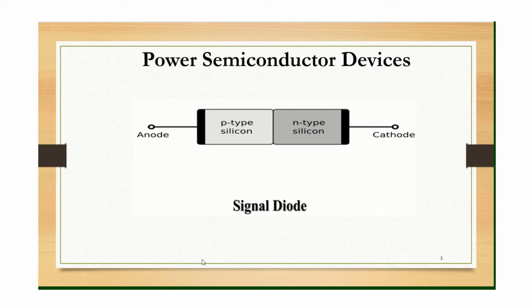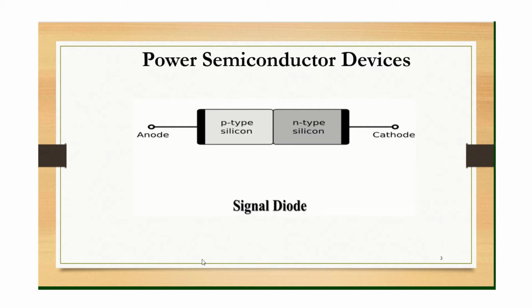Both these devices, that is normal diode and power diodes, are uncontrolled devices because their on-off situations depend on the external circuit used. Okay, so normal diodes are used in small signal applications, whereas power diodes are used for high voltage and current applications, mainly such as inverters.